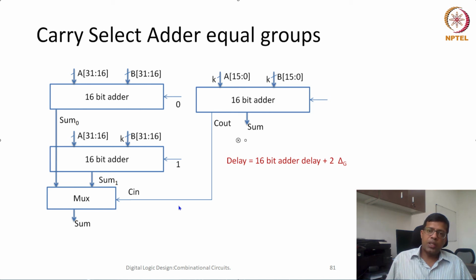Now, can we do it better? Yes. The inside implementation of the 16-bit adder is not defined here, so we can do it the way we want. In the previous combination, when we had unequal groups, we thought of using only ripple carry adders because the size of each group was non-uniform.